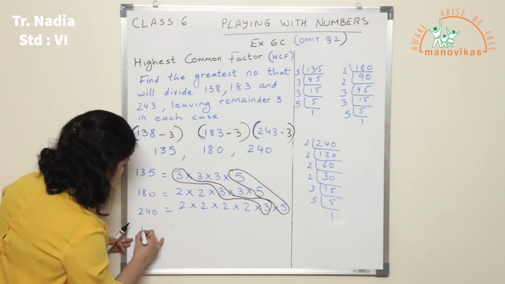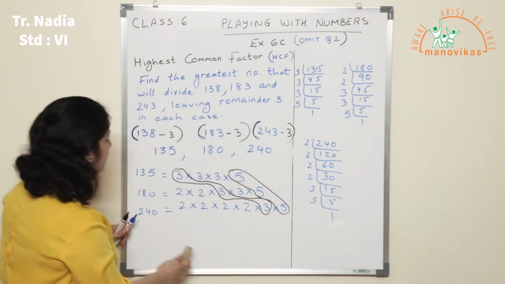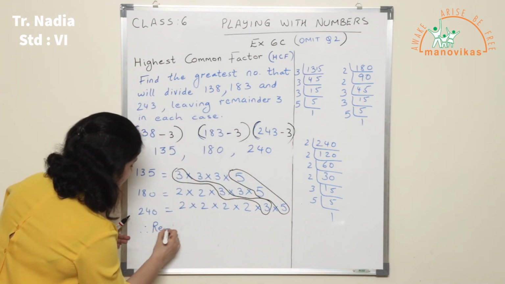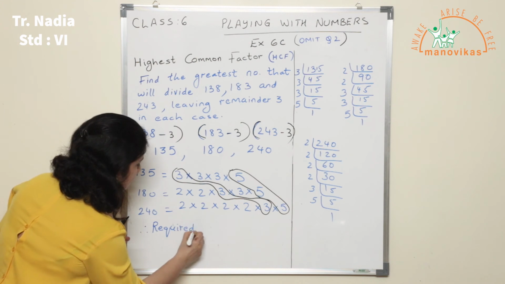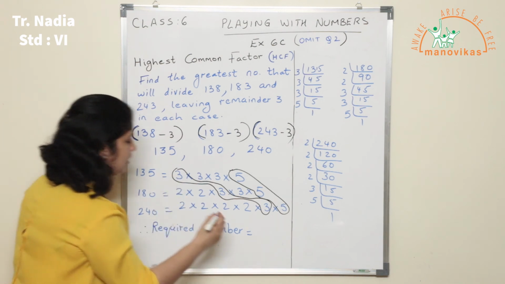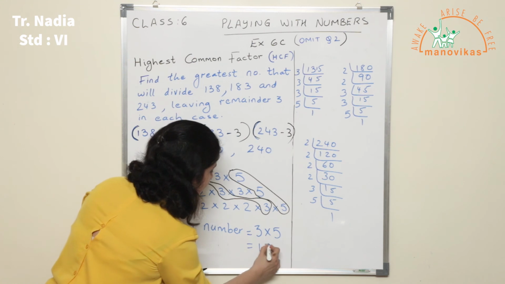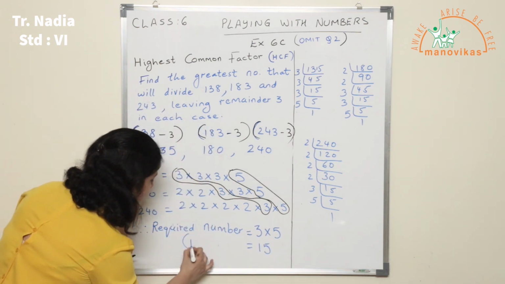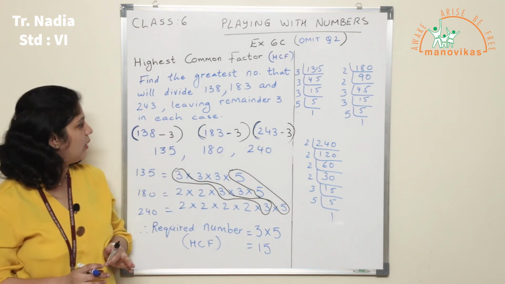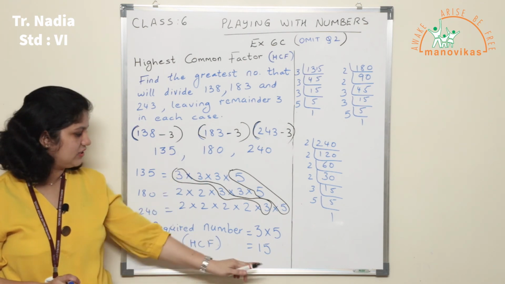So the HCF is, or you can say, since they are asking you all the greatest number that will divide, you all can say, therefore, required number is equal to 3 multiplied by 5. Since there is a 3 and a 5 common, 3 multiplied by 5, that is 15. Or if you all want, you all can even put in a bracket HCF. So the greatest number that will divide 138, 183 and 243, leaving remainder 3 in each case is 15.